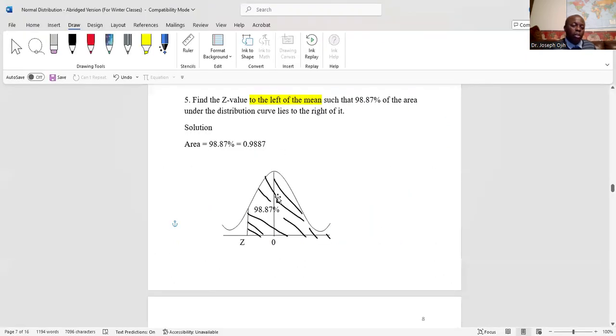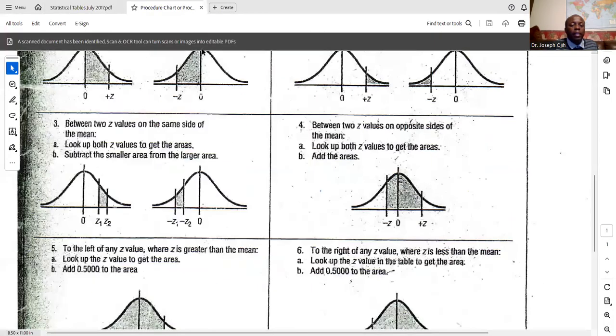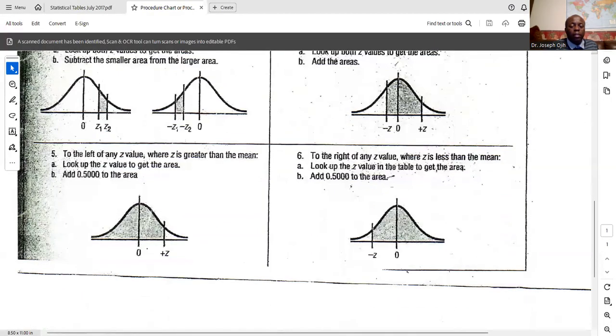But knowing that you have this, what you're looking for is only this side. Let me put it in a different way. If you look at the chart, it says to look up the z value and then add 0.5 to it, because this is the one that looks like that right here. Now, since we are doing the opposite, we're going to subtract 0.5 instead of adding, to get a value that we can look for on the table.